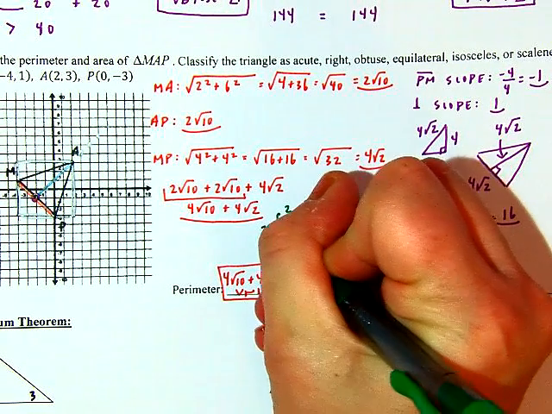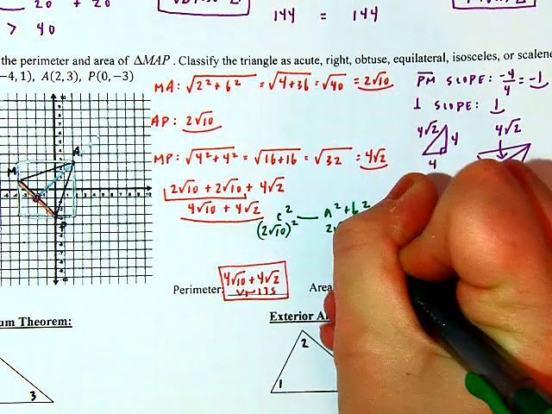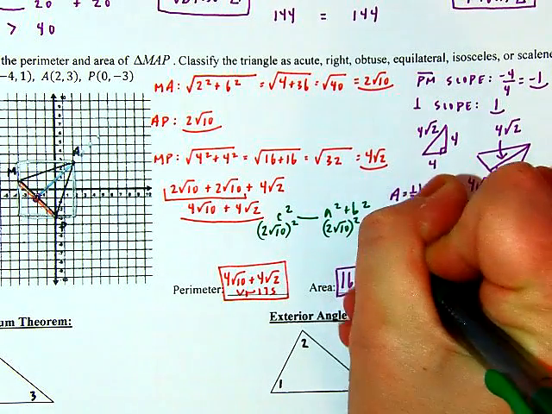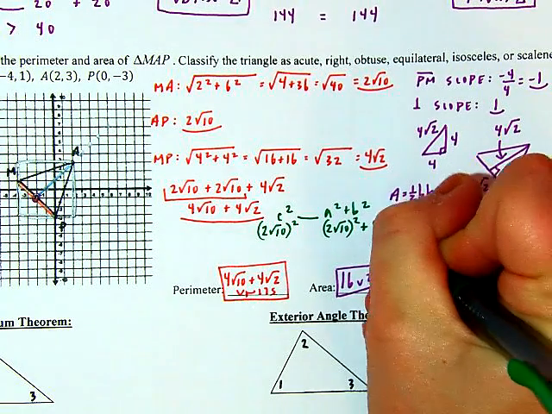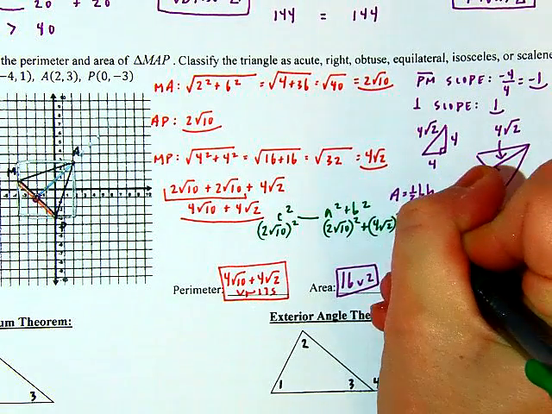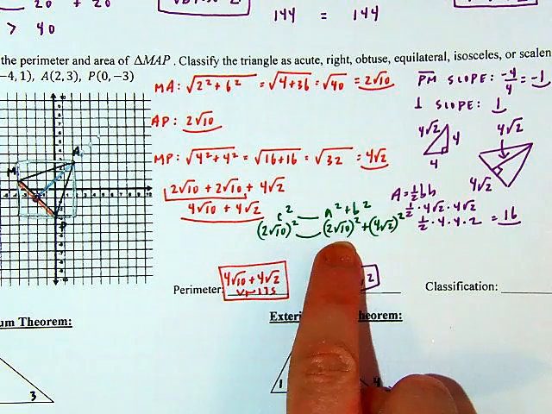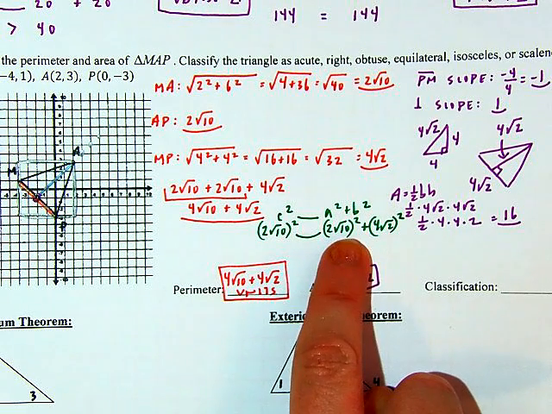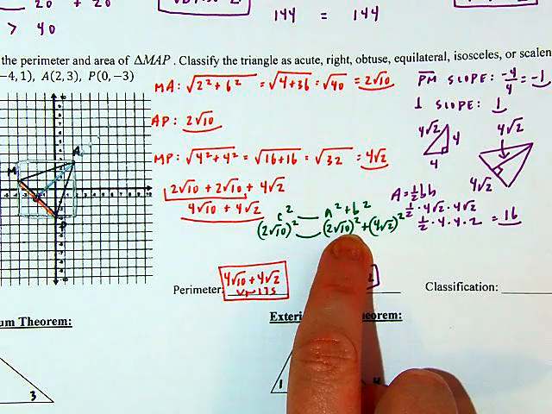So one of them has to go in right here, squared. And then here will be the other one, squared. And then my other side was 4 root 2. So I can already see that this will be less than what's over here because I'm seeing the other 2 root 10. So I actually already know it's isosceles, but I'm just going to work through just to double check.